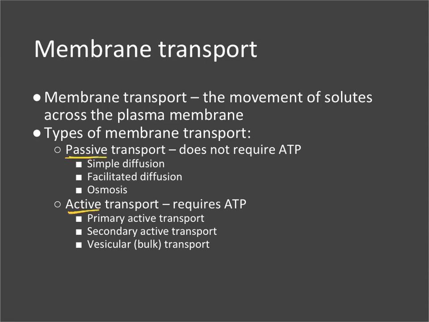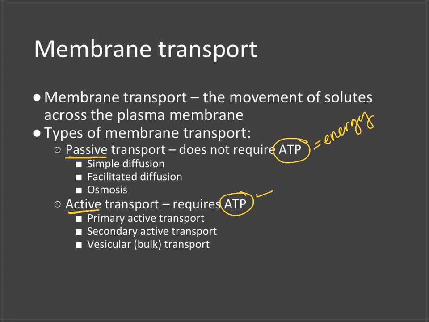The main difference between passive and active transport is whether ATP is required or not. Remember that ATP is the energy molecule of the cell. In passive transport, energy does not have to go into transporting something across the cell membrane. But in active transport, ATP is needed in order to transport something.